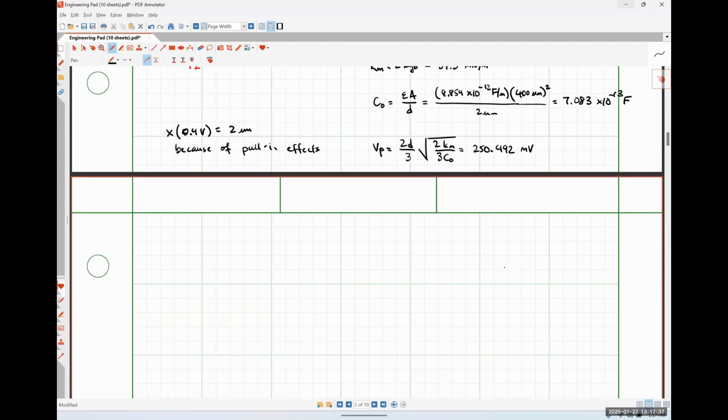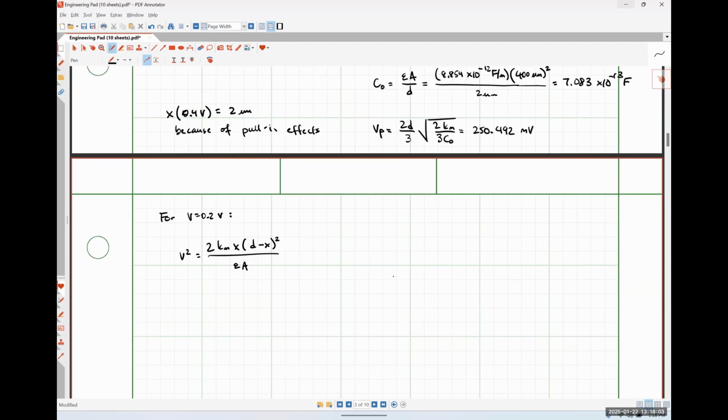So let's just say for V equal to 0.2 volts, we know that V squared is equal to twice Km X times (D minus X) quantity squared, all over epsilon A. This could be rearranged to find that we would have the relationship x cubed minus 2 x squared d plus x d squared minus epsilon A V squared over twice Km is equal to 0.